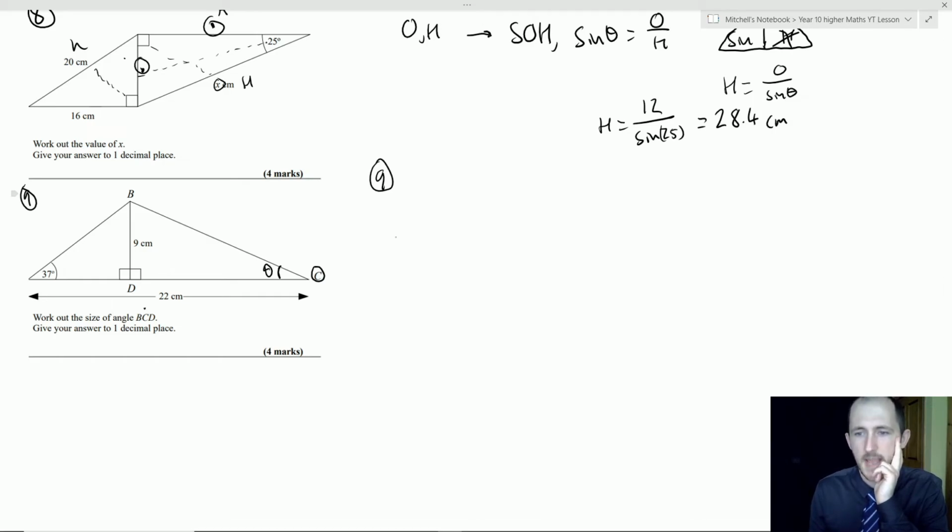So, once again, to find this angle, I need two sides. If I label the sides I've got so far, that's the opposite, that's the hypotenuse, this is the adjacent. How many sides do I know? One. I need two. Which one can I work out?